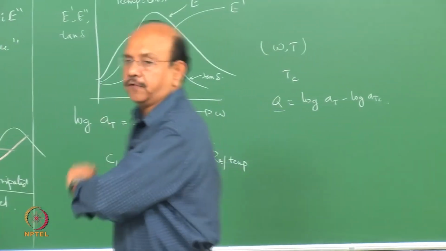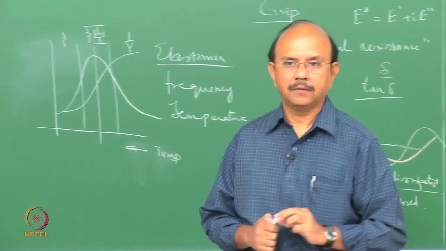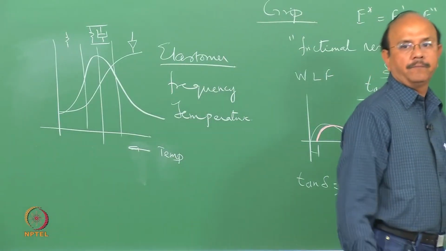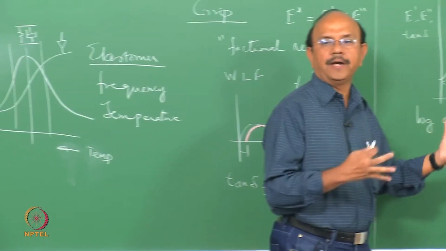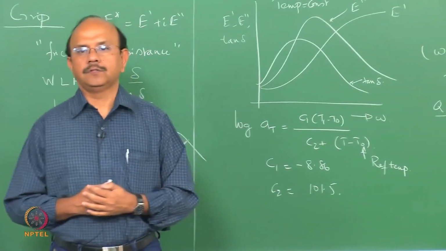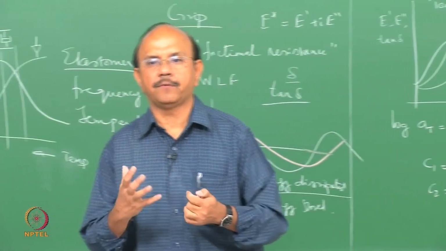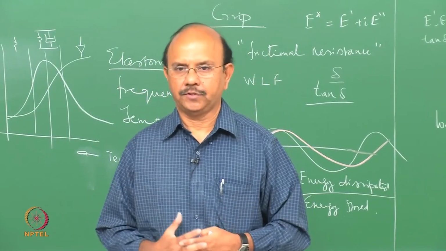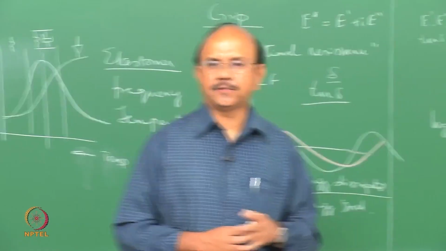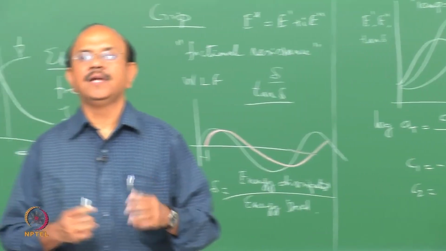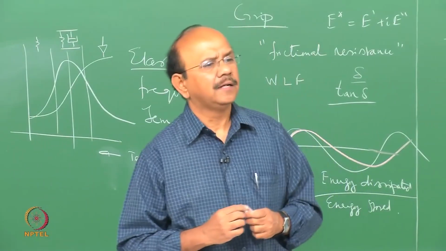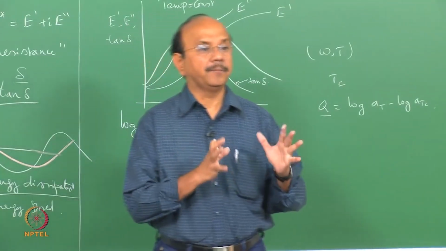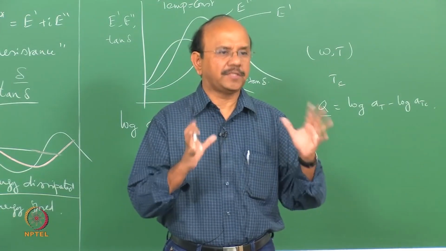Okay, that's the first part. What does AT signify? That is the shift. So the shift is calculated by this formula. So WLF actually gives you the relationship between frequency and temperature. That's what I explained now with respect to Q. What it simply means is that I can do all the experiments at a particular temperature and call this a master curve.